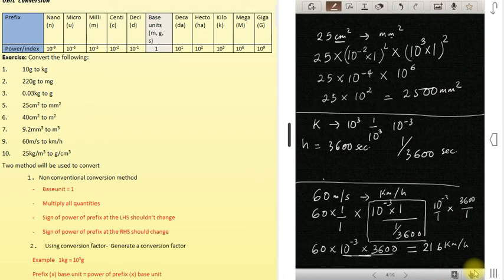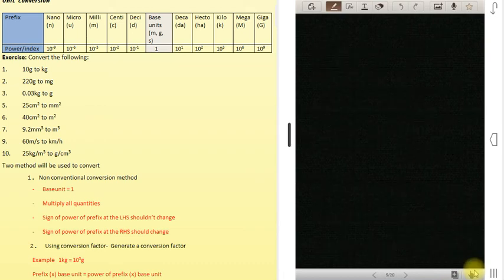All right, now let's quickly take the last one. We have 25 kilogram per meter cube. We're expected to convert it to gram per centimeter cube. Using the same non-conventional way, this becomes 25 times a prefix, which is 10 to the power of 3, times the base, okay, over 1 meter cube.